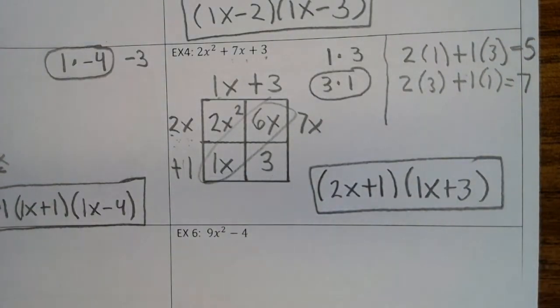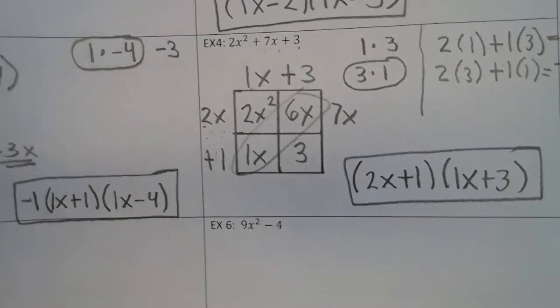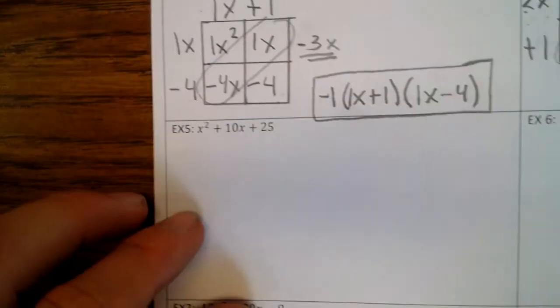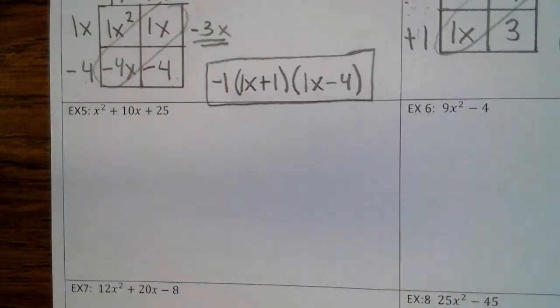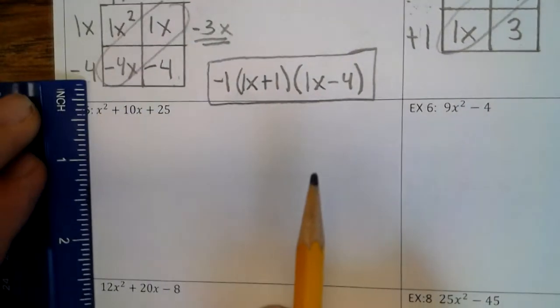All right, go ahead and finish up example 4. All right, let's look at example 5. All right, so there's no greatest common factor, so now we go to factoring with the reverse box method.